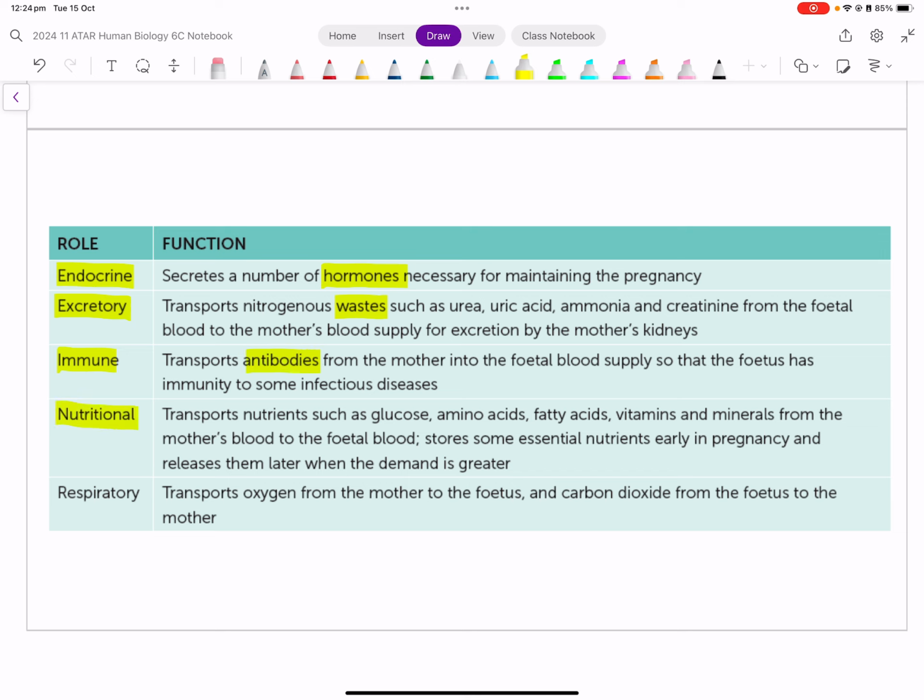In terms of nutrition, without each of these 5 things, it's going to be impossible for that fetus to grow and mature. And lastly, in terms of the respiratory component, the fetus gets its oxygen supply from the mother. It also removes its carbon dioxide via the umbilical cord to the placenta as well.